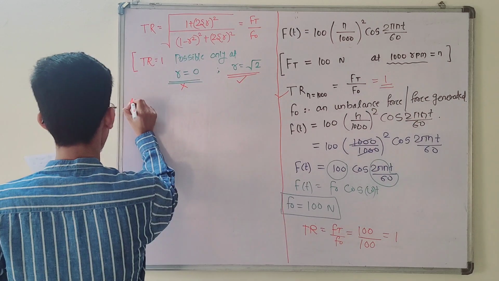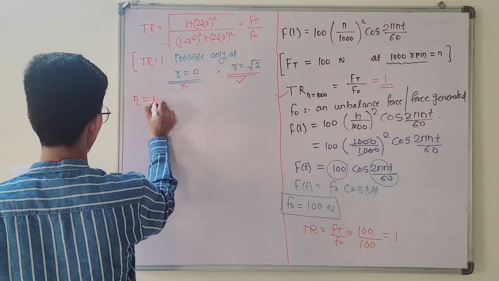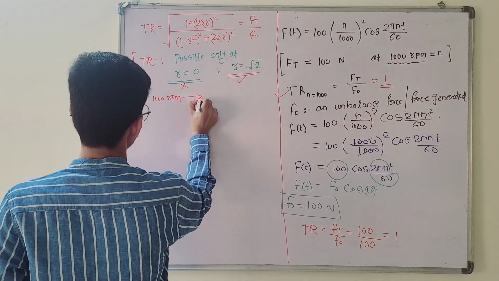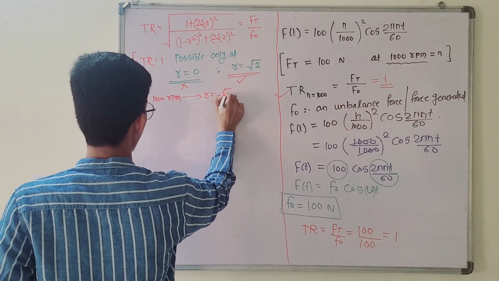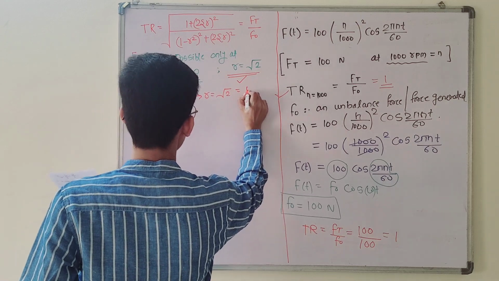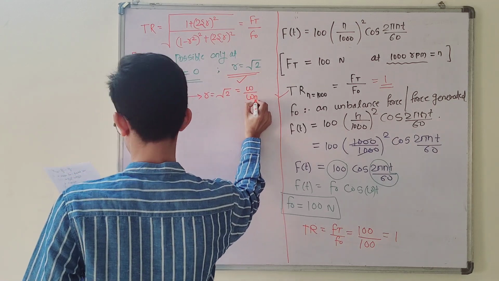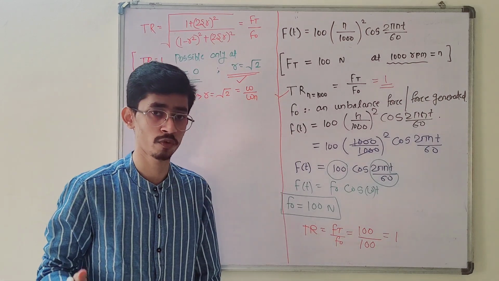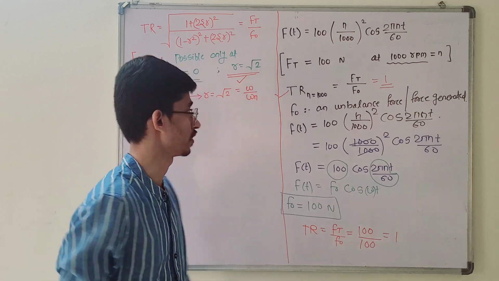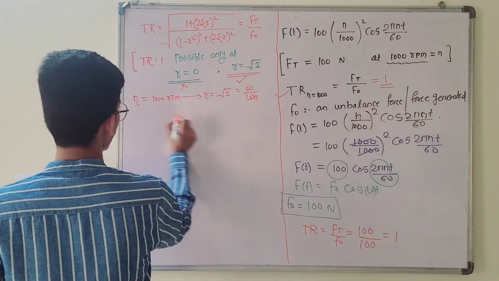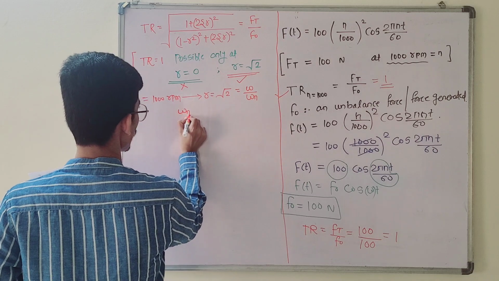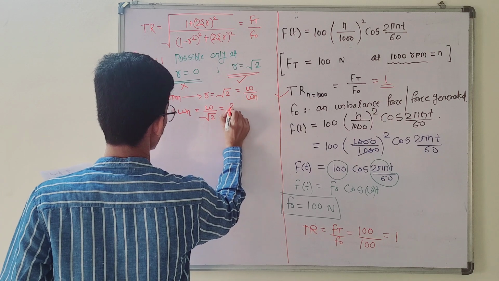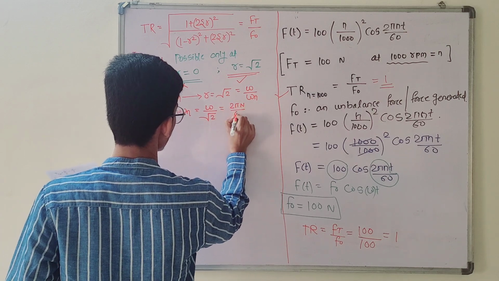So at N equal to 1000 rpm, in the first case, r is equal to root 2. What is r? r is equal to omega divided by omega n, the frequency ratio, where omega n is the natural frequency. So the natural frequency omega n is equal to omega divided by root 2, and omega is equal to 2 pi N by 60.